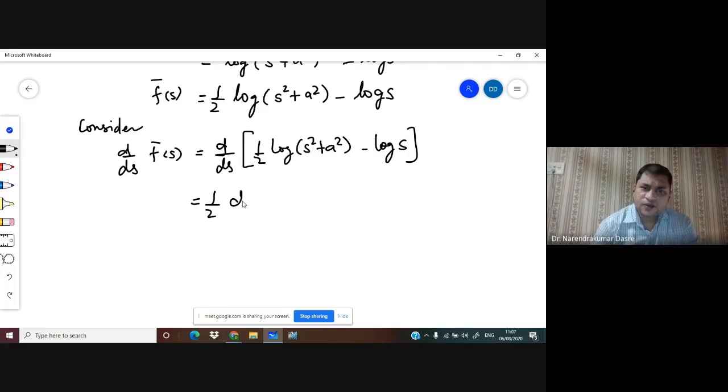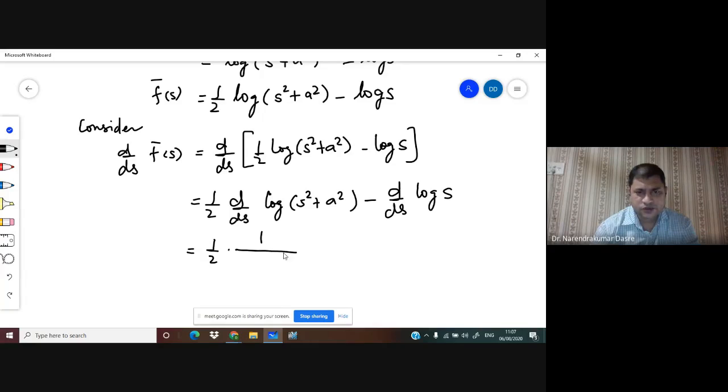So this is half of d by ds of log of s square plus a square minus d by ds of log of s. So this is equal to half of the derivative of log, which is 1 upon s square plus a square, but the derivative of this term will be 2s, and minus the derivative of log x, which is 1 by x, so it is going to be 1 by s here.